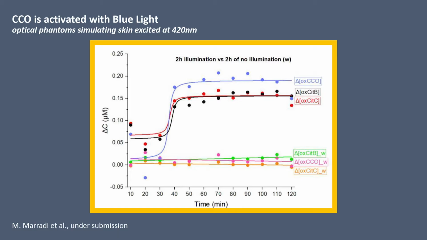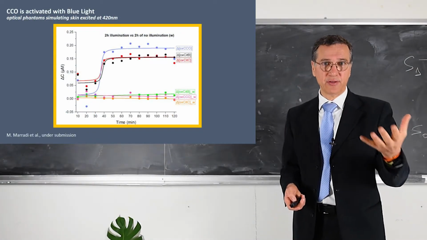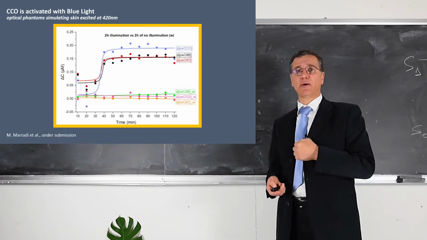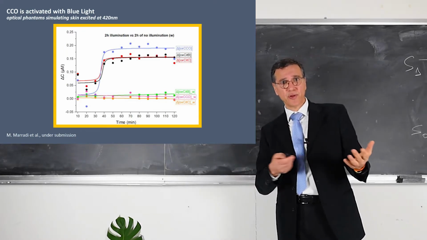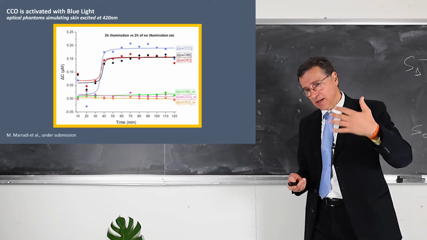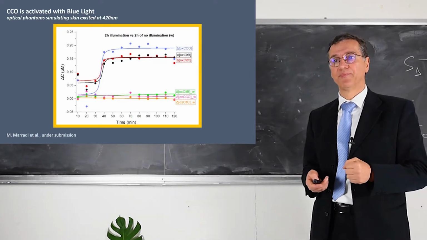So the question now is, we observe quite a good effect going deeper with the blue, and in the next slides I will show you the comparison between blue and red. How does the healing process go deeper if the photons cannot go deeper?